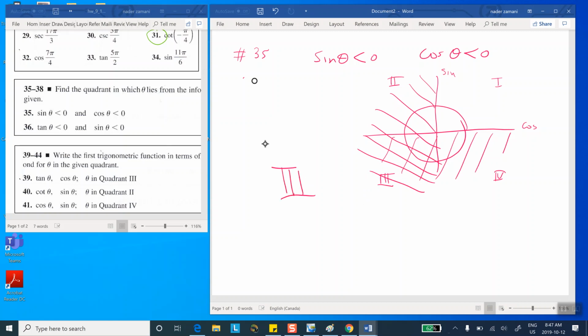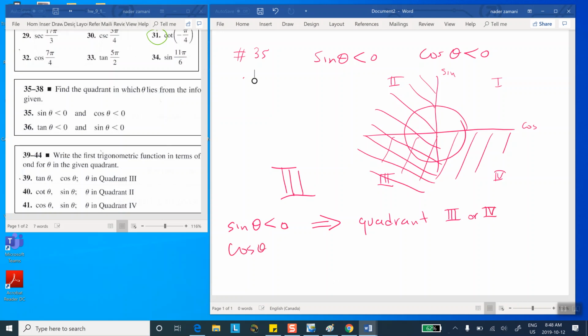So what I expect you to write on a test or a quiz is this. Sine theta negative implies that we are in quadrant 3 or 4.